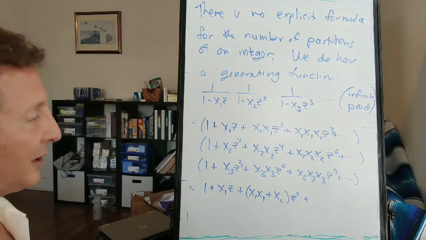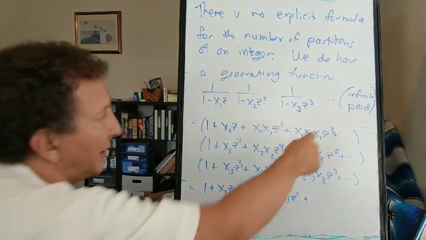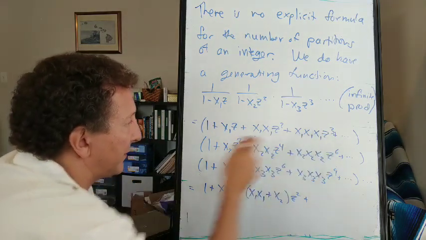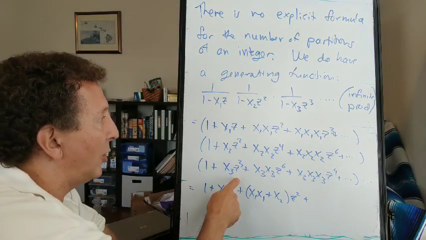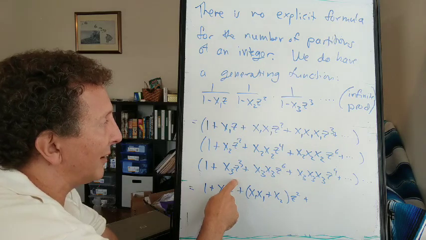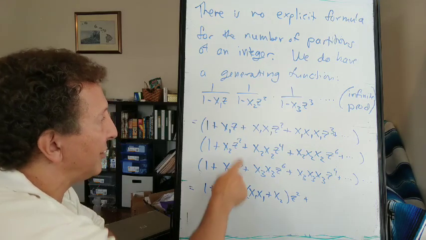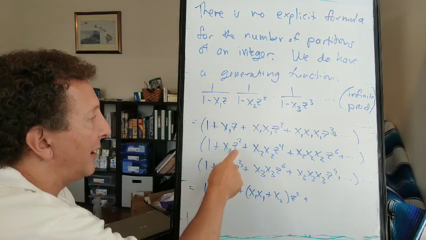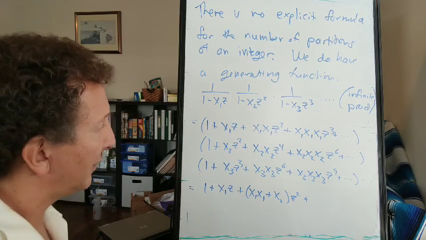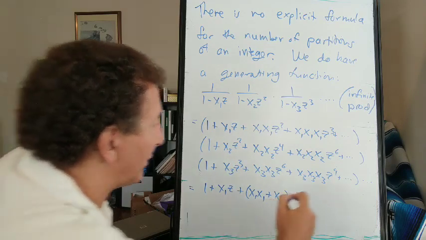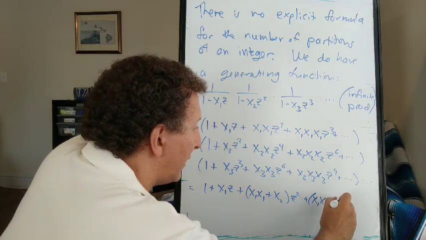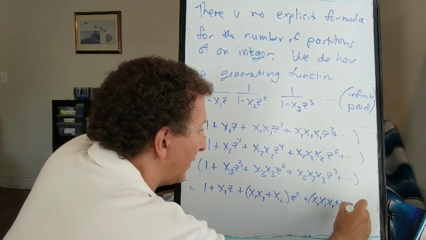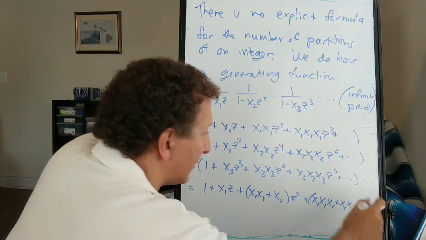Now how can we get a z cubed? We get a z cubed from the first factor, or a z cubed from the second factor, or we can take a z squared and a z to the first. Well, the z to the first only appears here, and then we'll use this z squared. And then the coefficients in those three cases are x1 cubed, x1 x2, and x3.